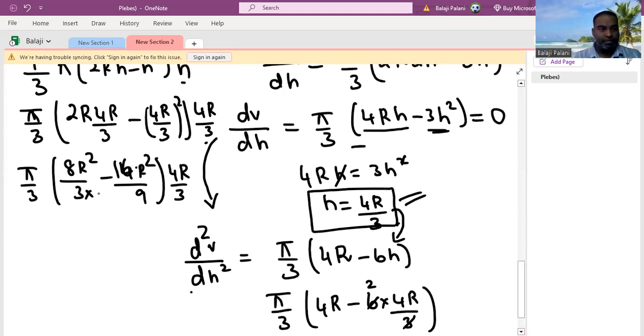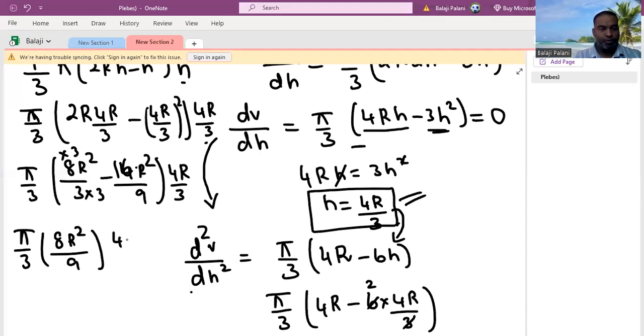So I'm taking LCM here. This is going to be 3 times, so multiply this also with 3. So you get 24r square minus 16r square. So we get pi by 3, 24 minus 16 is 8r square by 9, into 4r by 3, which is here outside the brackets.